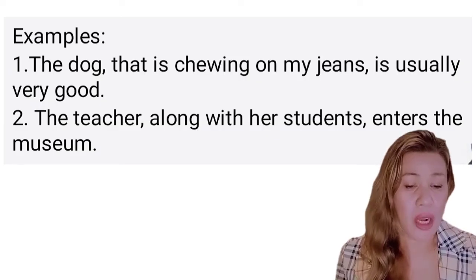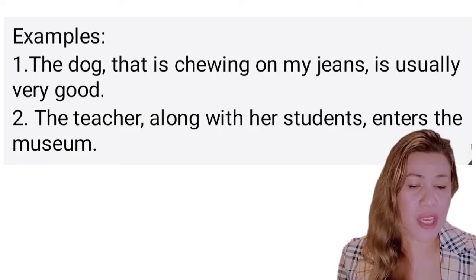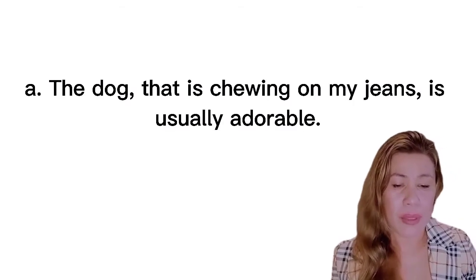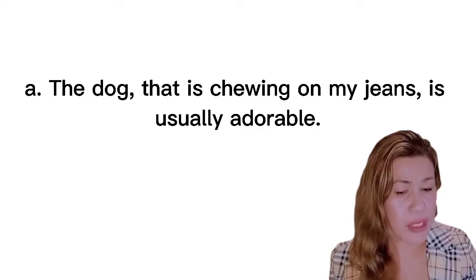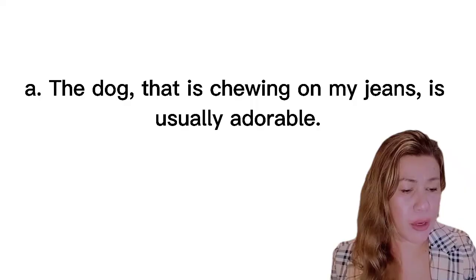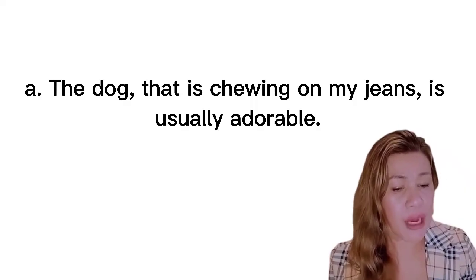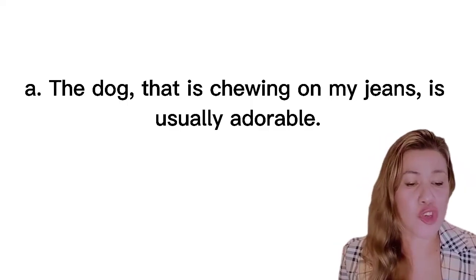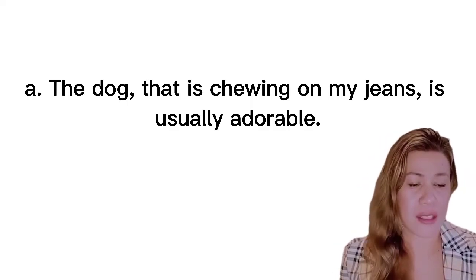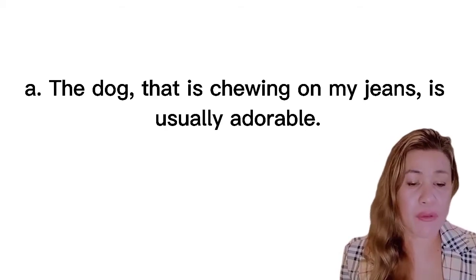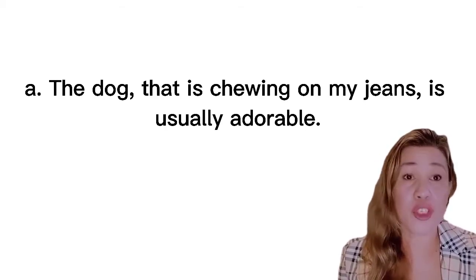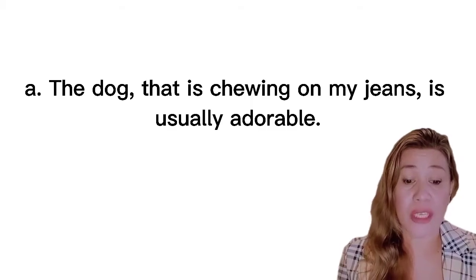Example number 1. The dog that is chewing on my jeans is usually adorable. Look at here, between your subject and your verb is, you have a clause: that is chewing on my jeans. It comes between your subject and your verb, and it can be confusing because you have a word here which is jeans, which is a noun.